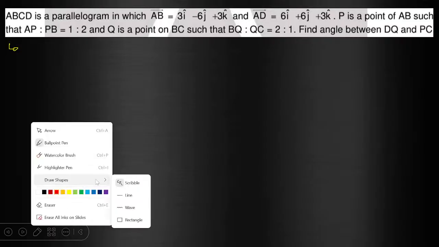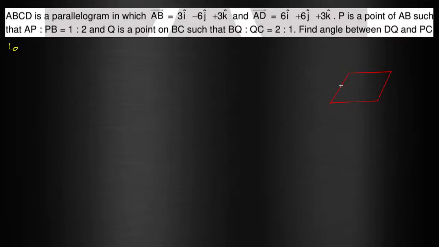Based on the question, we will have some drawing. A, B, C, D, like this we will do. AB is given, AD is given.